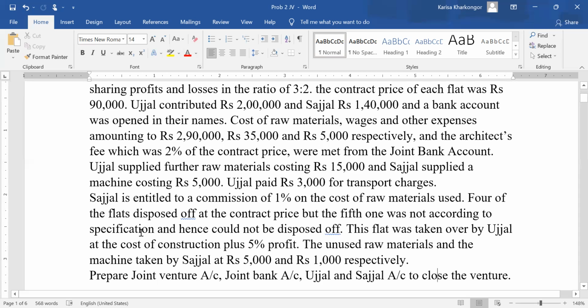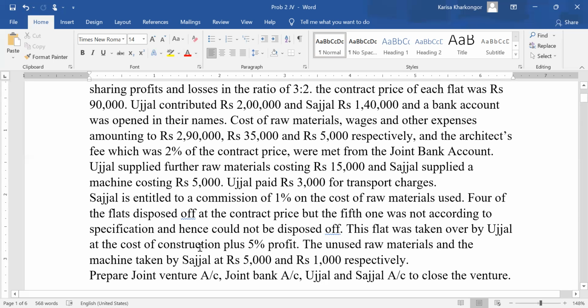So out of the 5 flats, 4 flats were sold at the contract price, but one flat was not according to specification, therefore it could not be disposed of. This flat was taken over by Ujjwal at the cost of construction plus 5% profit. So Ujjwal took over the unsold flat at the cost of construction plus 5% profit.